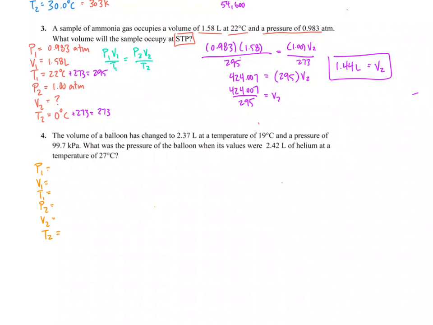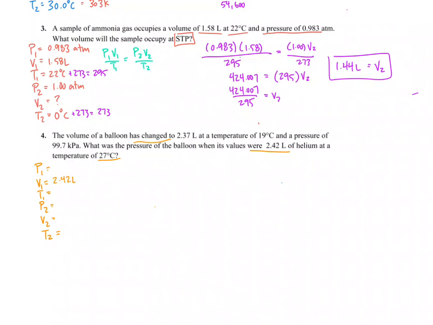Okay, so this says the volume of a balloon has changed to, which means it was something else originally. The next sentence says, what was the pressure of the balloon when its values were 2.42 liters at a temperature of 27 degrees? So it's implying in that second sentence that those values were the starting values. So the starting volume is 2.42.